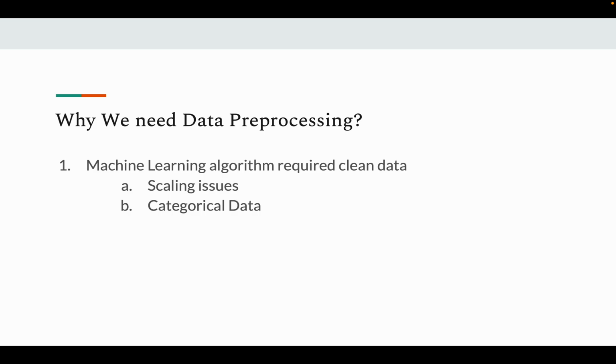The scaling issues mean, consider if you have three features. One feature may vary between 0 to 10,000, another feature may vary between 0 to 100, and the third feature may vary between 0 to 50. So the scale is actually different. If the scale is different, the model will take more time to converge.